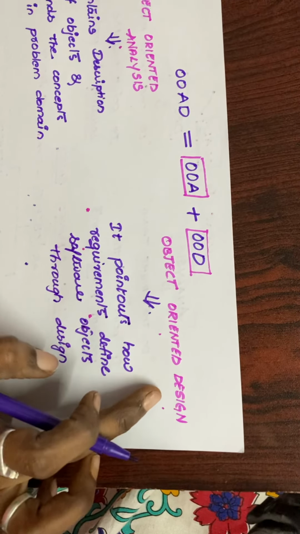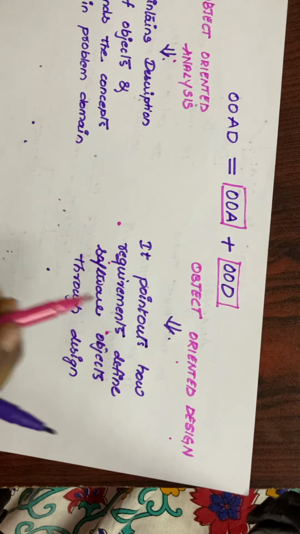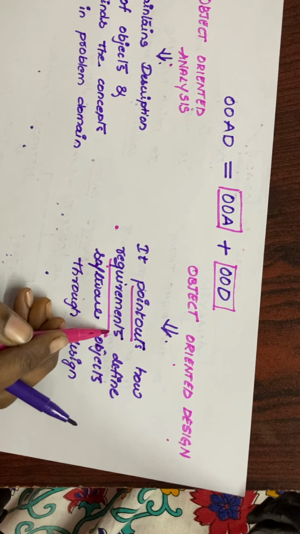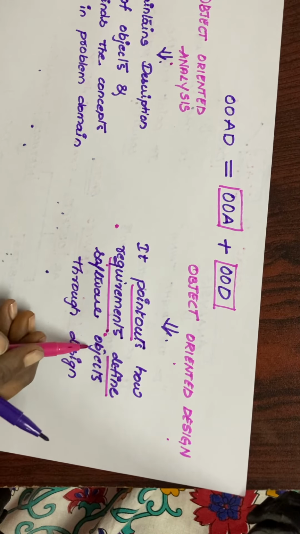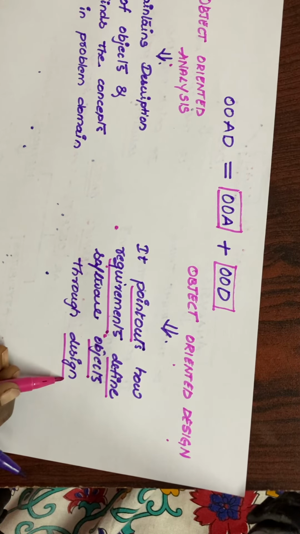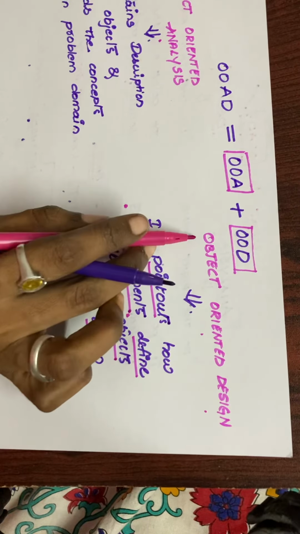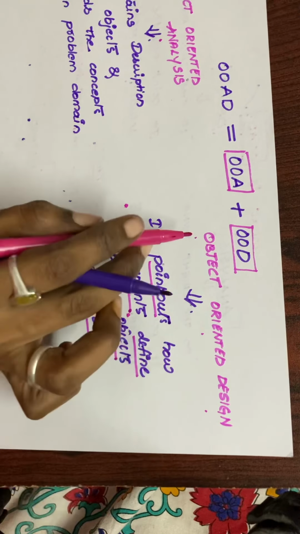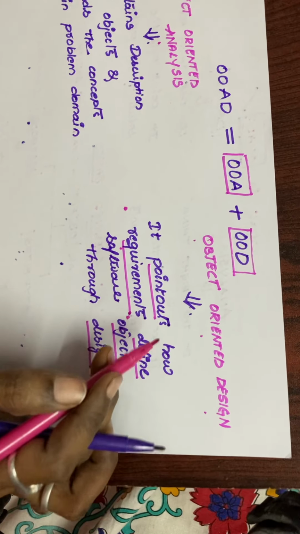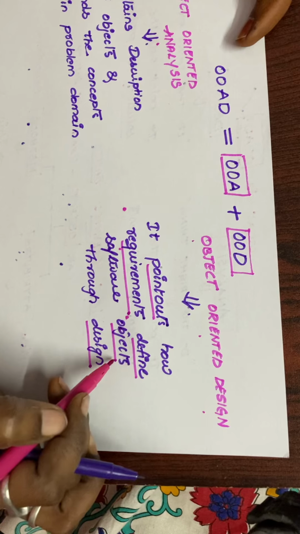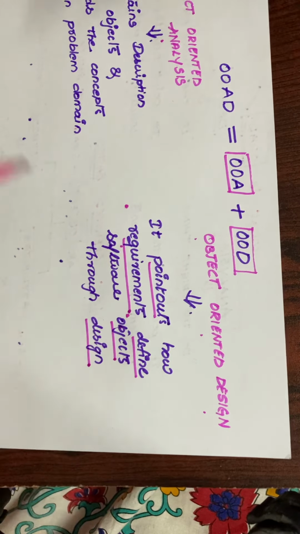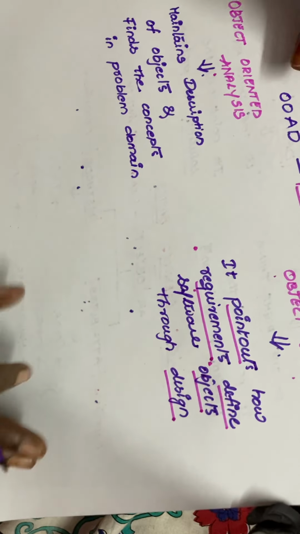So in object oriented design we point out the requirements to define the objects through design. This is the main thing regarding object oriented design. We point out what the requirements are for the objects for designing. Let's take an example for this.